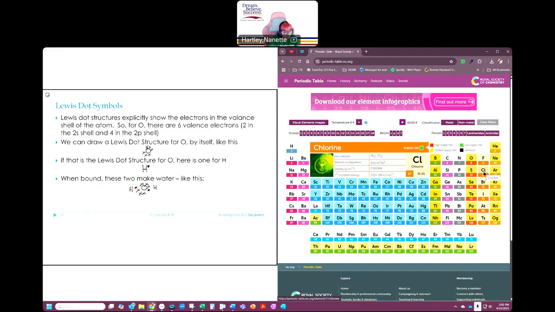So everybody's happy. Oxygen has access to 8. Each hydrogen has access to 2. They're sharing, but everybody has access to the number of electrons that they wanted. So that's how we can take those Lewis dot symbols for each of these individual atoms and put them together in a structure to show how we're sharing those electrons to make everybody happy.